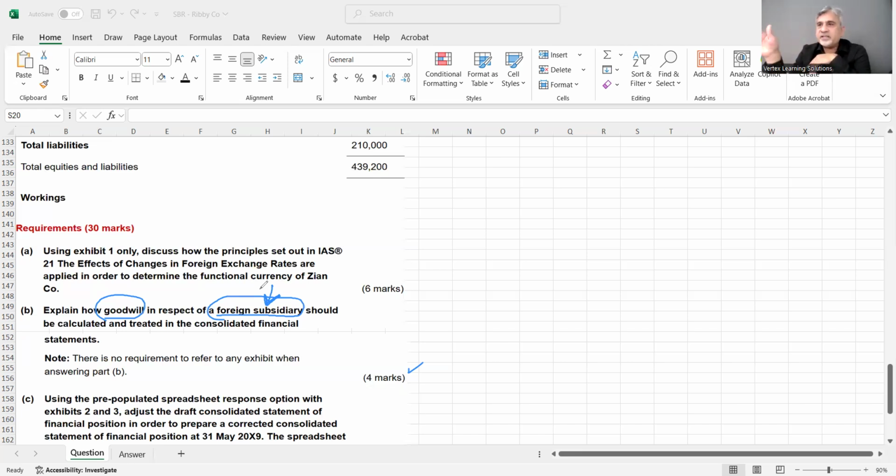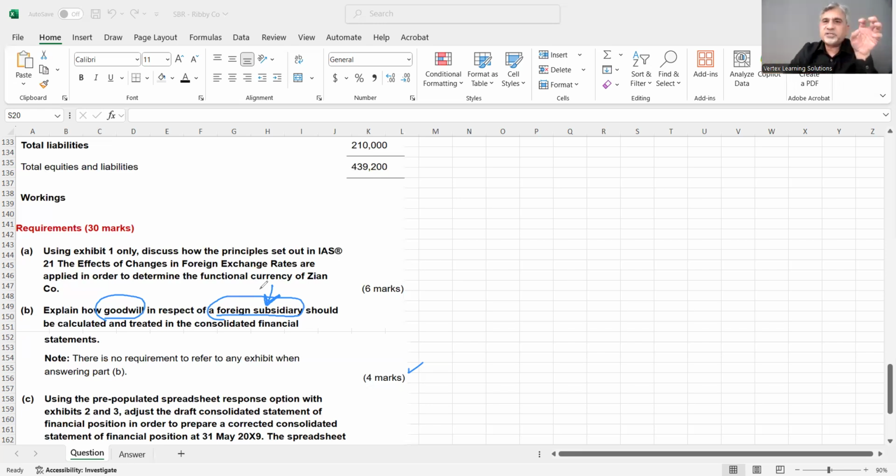Any exchange differences which arise due to the movement in exchange rates should be shown in other comprehensive income. If there is an exchange loss, you would debit the exchange reserve and credit goodwill, a non-current asset.